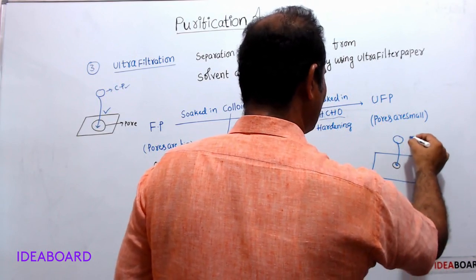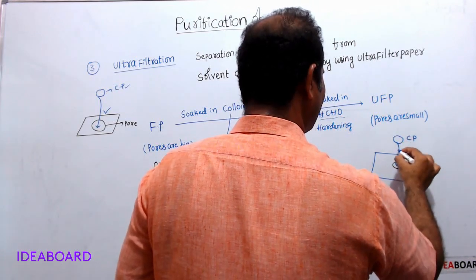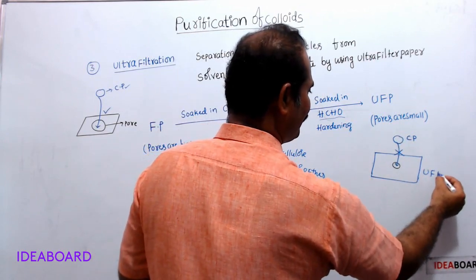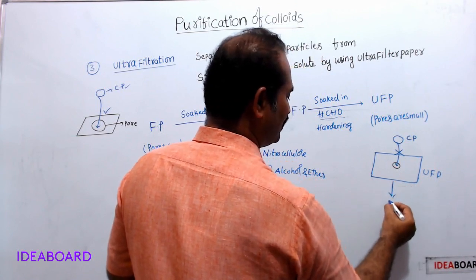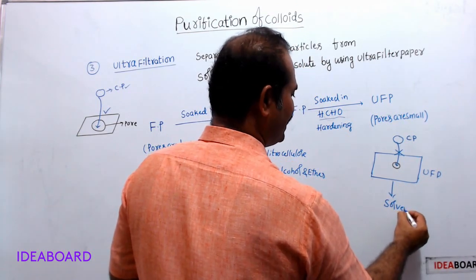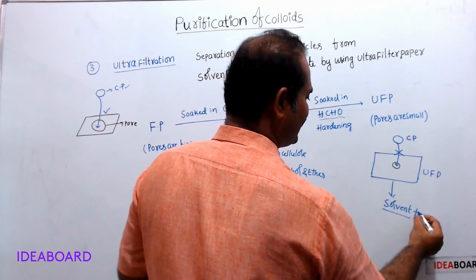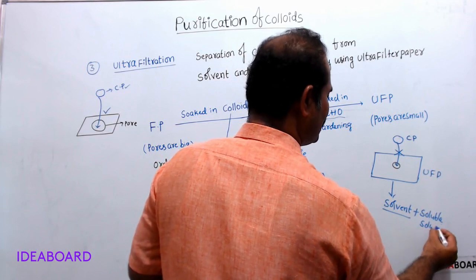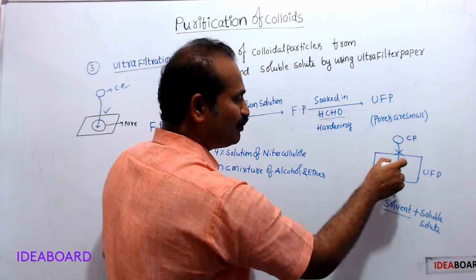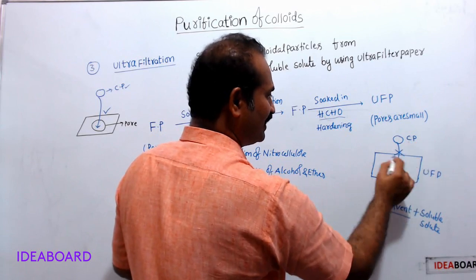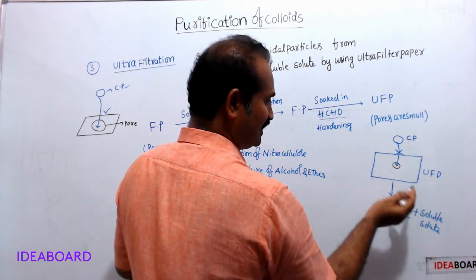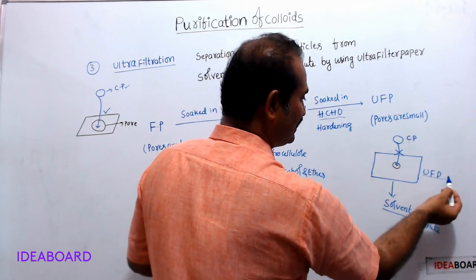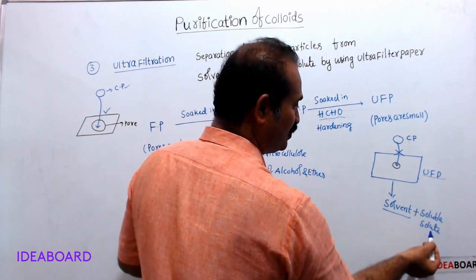when we pass the colloidal particle, it won't pass through the ultrafilter paper. Only the solvent and soluble solutes, which are small particles, pass through the ultrafilter paper, but colloidal particles do not pass through.